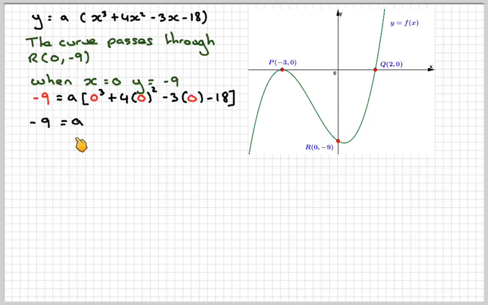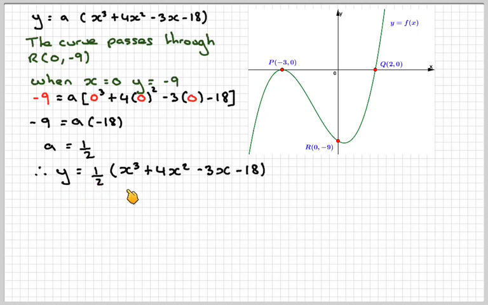So that gives me -9 is equal to a times -18, which means a is equal to a half. We can now write down the function, so it's y is equal to a half of (x cubed plus 4x squared minus 3x minus 18). We don't need to multiply that half through.